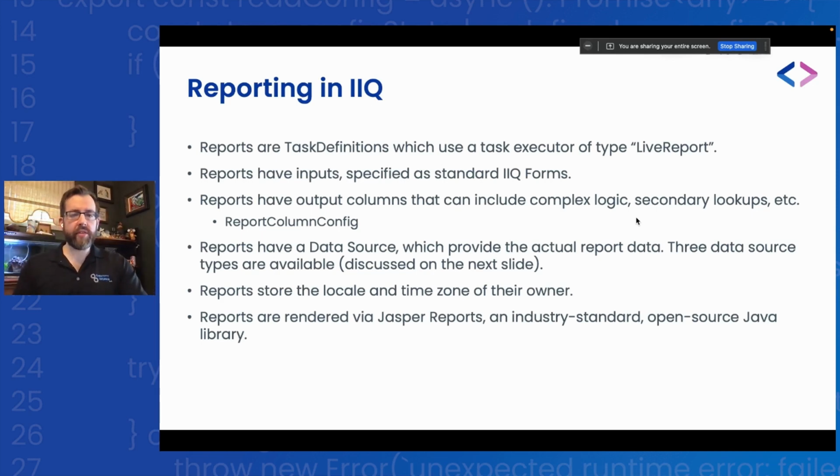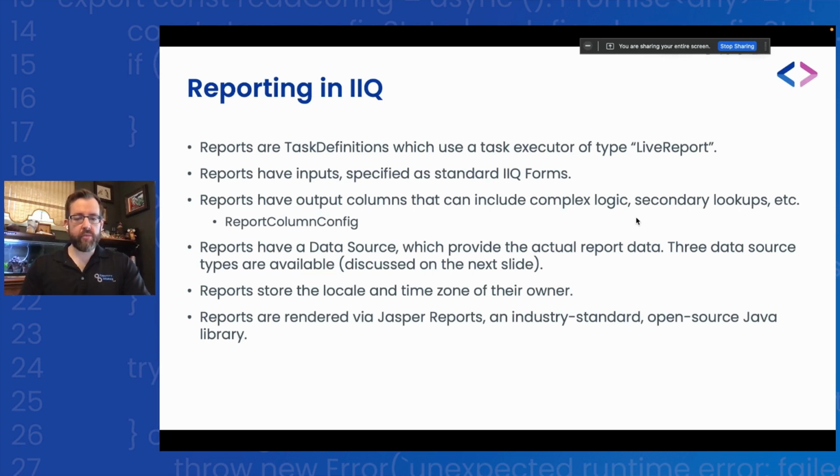They can have inputs. Your inputs are specified as standard IIQ forms. You have forms with sections and fields and so forth. Users can put whatever they want in there, and then that data will then be passed into the report as parameters. They also have output columns, because writing a report that doesn't produce a report is kind of useless.